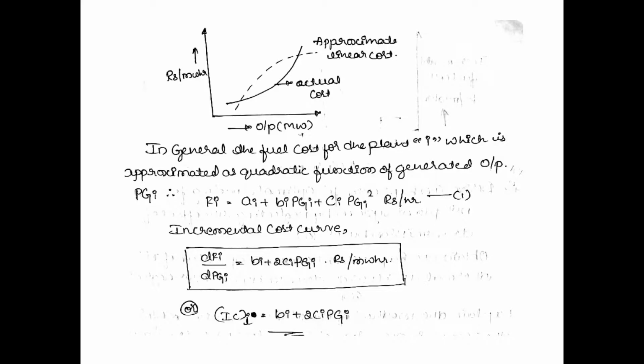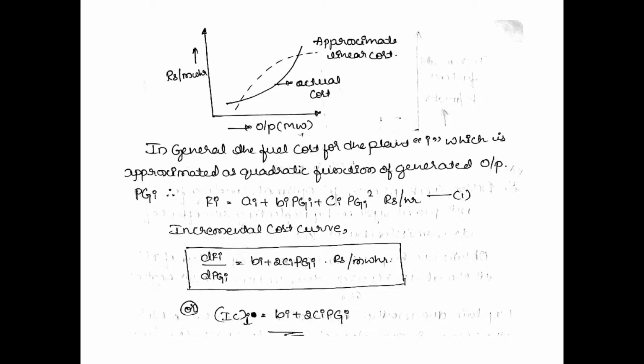In general, the fuel cost of the plant i is approximated as a quadratic equation: Ci = ai + bi PGi + ci PGi squared rupees per hour. The incremental cost with respect to fuel cost is dFi by dPGi = bi + 2 ci PGi rupees per megawatt hour.